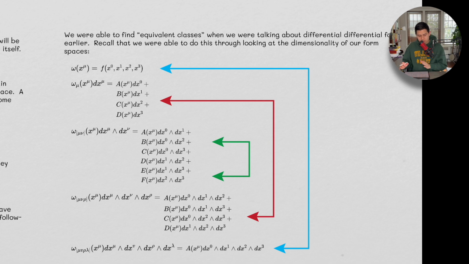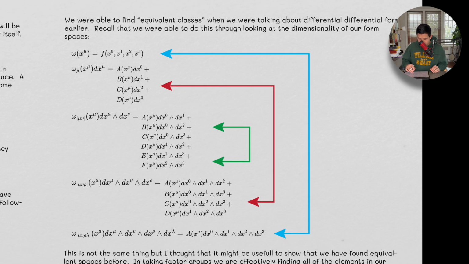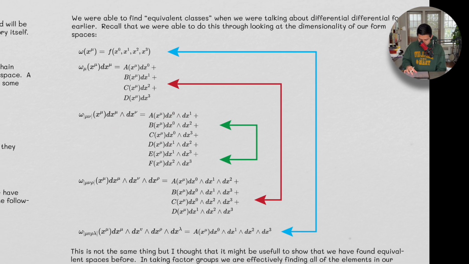We were able to find quote-unquote equivalence classes when we were talking about differential forms earlier. Recall that we were able to do this by looking at the dimensionality of our form spaces, right? So there was an equivalence between 0 forms and 4 forms, and then 2 forms and 3 forms, and then this automorphism, or auto-equivalence, between 2 forms and 2 forms.